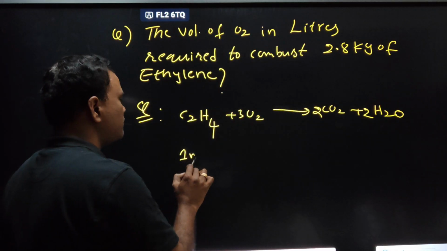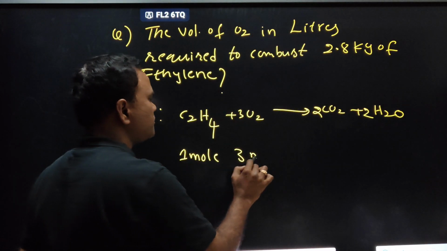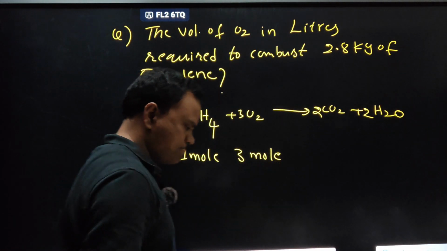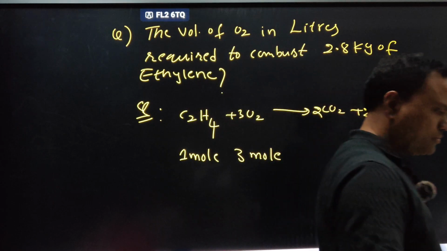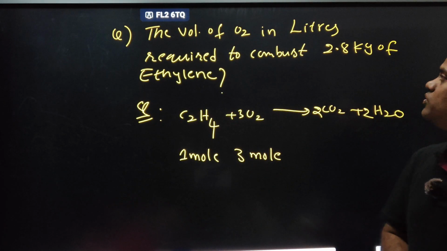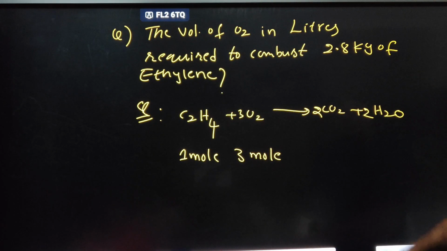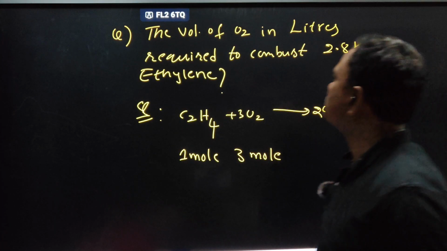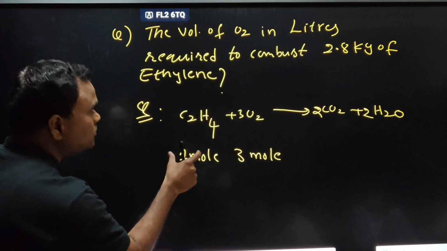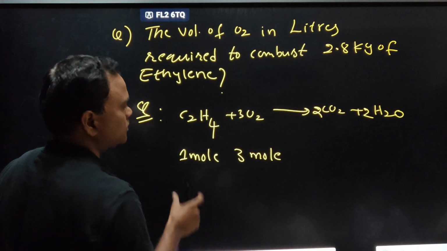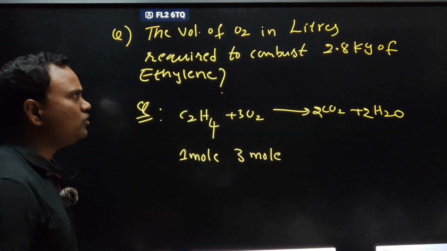Mole relation, 1 mole, this is 3 moles. First we should write mole relation. The question is related to weight and volume. Whose weight? Ethylene weight. Whose volume? Oxygen volume. So write ethylene in terms of weight.